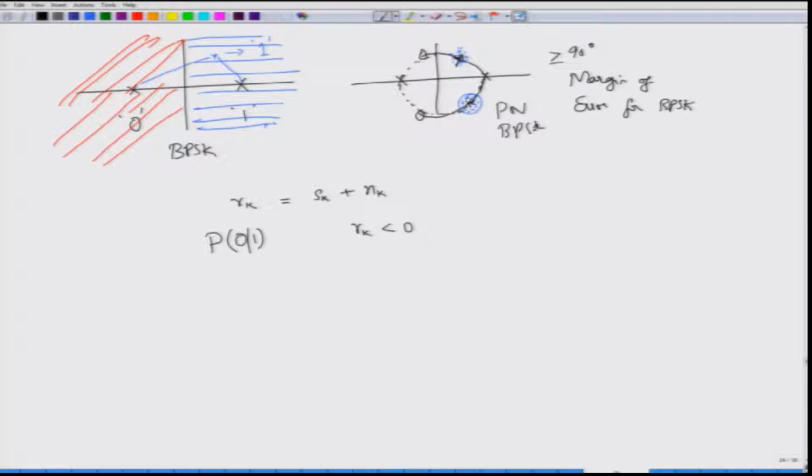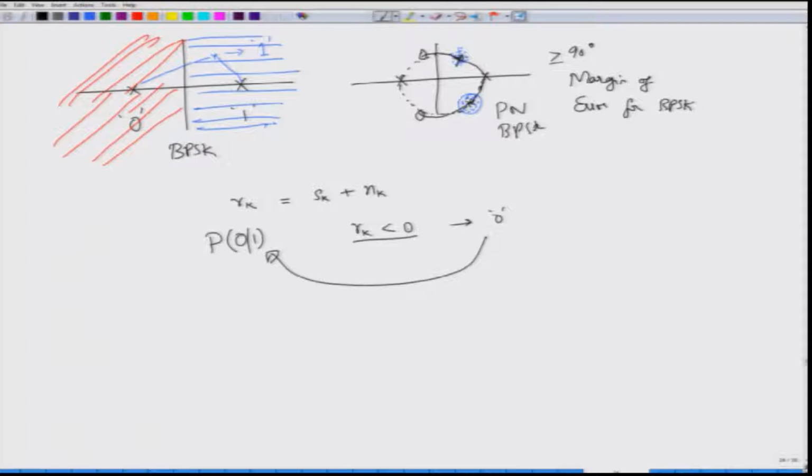If this particular scenario happens, then the received signal RK, when its value becomes less than 0, would be declared as a 0, and this would clearly be the error. Otherwise, you are on the right side. As long as you are in this particular area, you would not have made an error, but the moment you go from there to here, you would have made an error, and that error would happen when RK is less than 0.